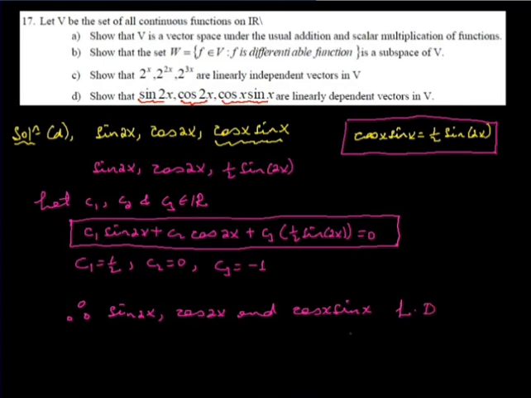Why? Only when c1, c2, c3 are all 0 do we call them linearly independent. Here there are c values different from 0 satisfying this linear combination, so the functions in D are linearly dependent.